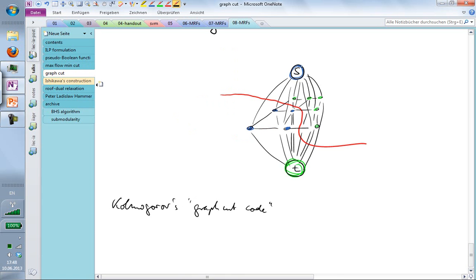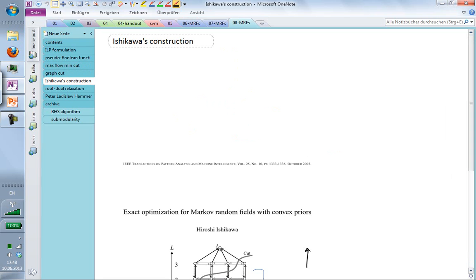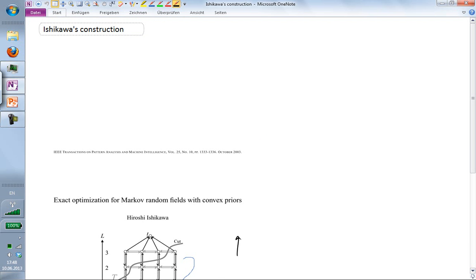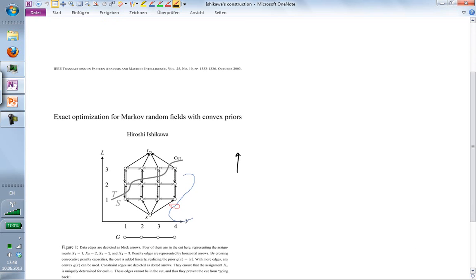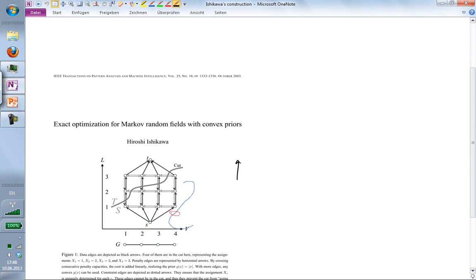I want to mention one case where, even though you have multiple labels, you can use GraphCut to find the global optimum, because everything we discussed previously was just for two labels. It was for binary MRFs.